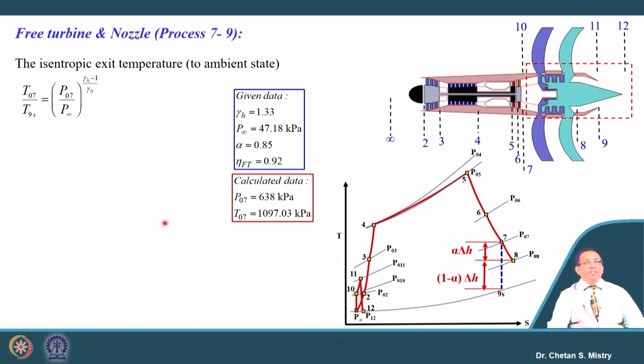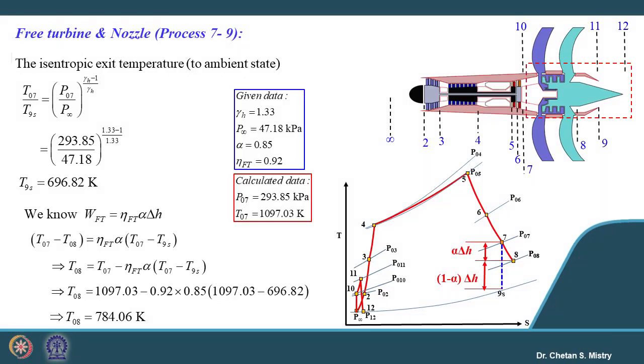Here in this case the temperature at the exit, that is T09S, can be calculated based on our isentropic correlation. This isentropic temperature is coming 0.36 Kelvin. This will be the static temperature at the exit of the combined turbine as well as nozzle.